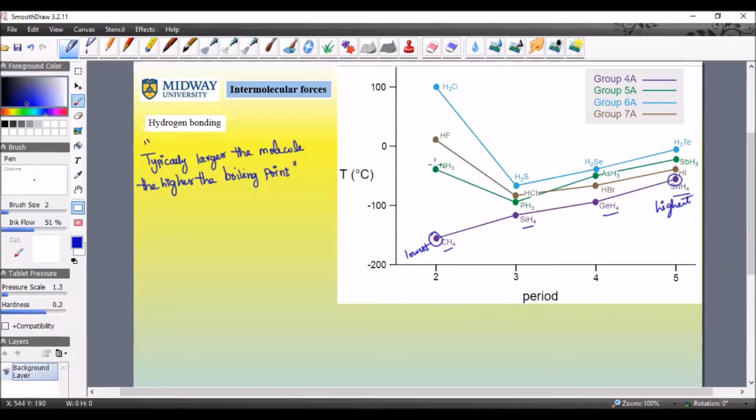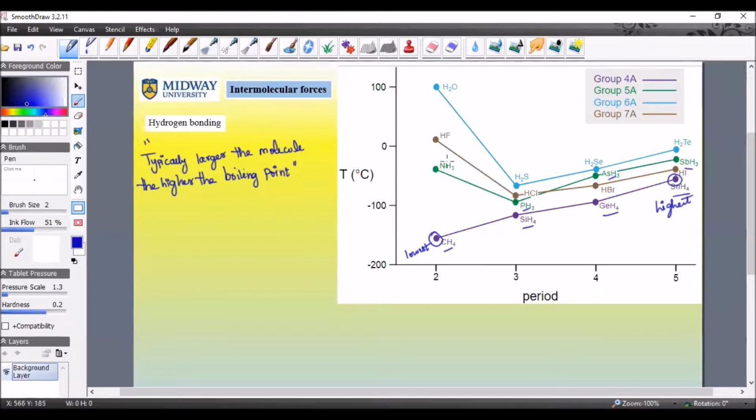Group 5 is your nitrogen family, and all they did is they combined nitrogen with hydrogen, phosphorus with hydrogen, and then arsenic with hydrogen, and then antimony with hydrogen. Now, there may be a little bit of fluctuation between groups, but within a group, you see that these three seem to follow the trend, whereas the nitrogen falls out of place.